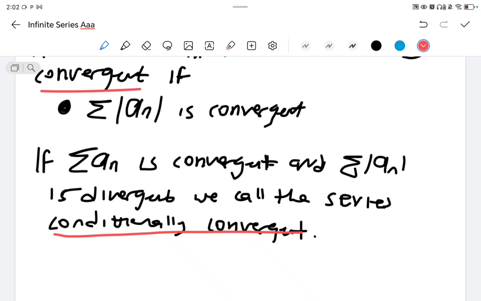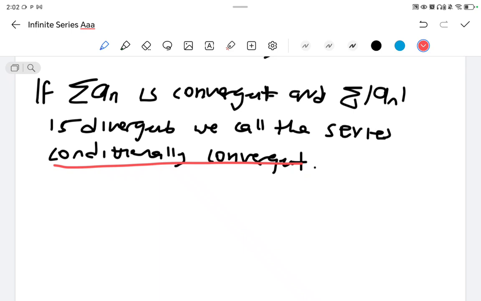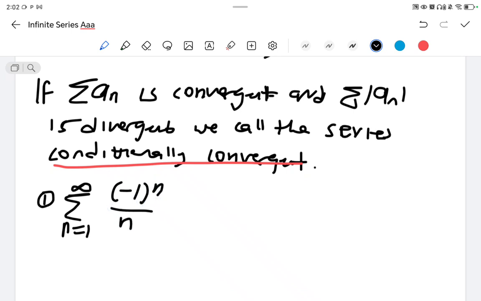Now, for example, let's look at this one. We have the summation from n equals 1 to infinity of minus 1 to the n over n.